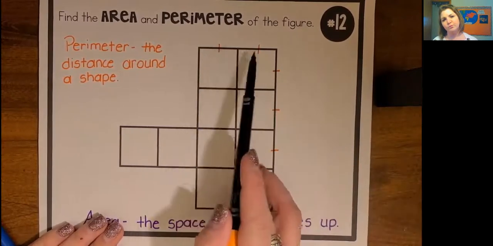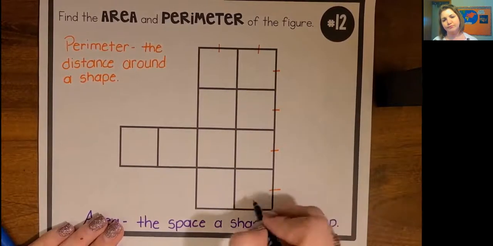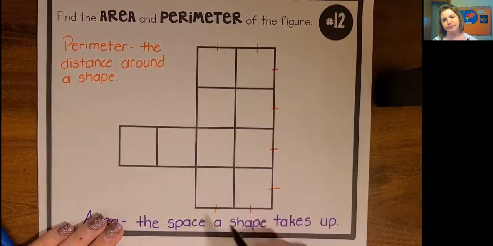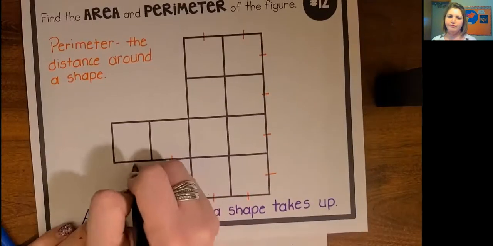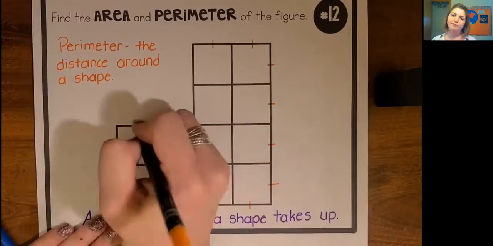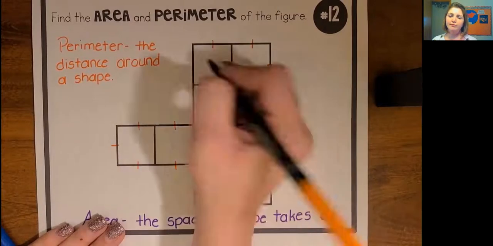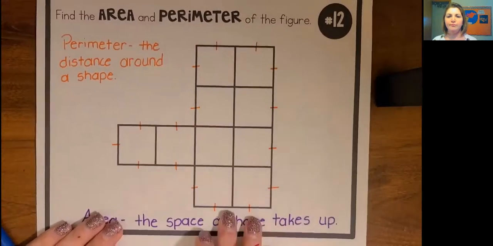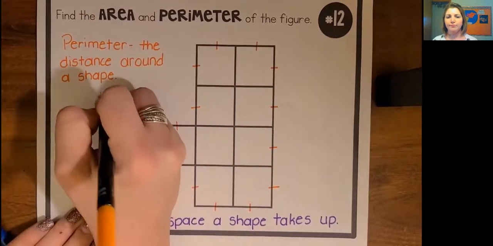So we have 1, 2, 3, 4, 5, 6, 7, 8, 9, 10, 11, 12, 13, 14, 15, and 16. So the perimeter of this shape would be 16 units.